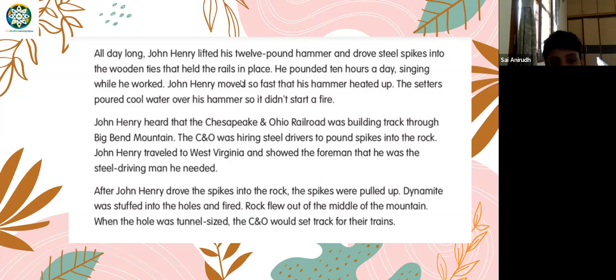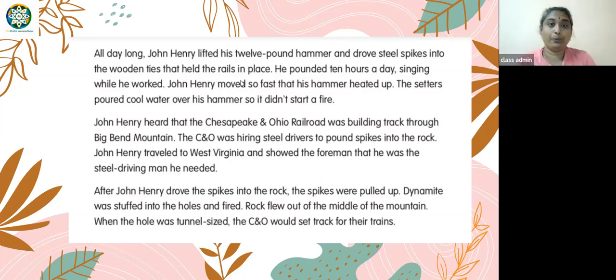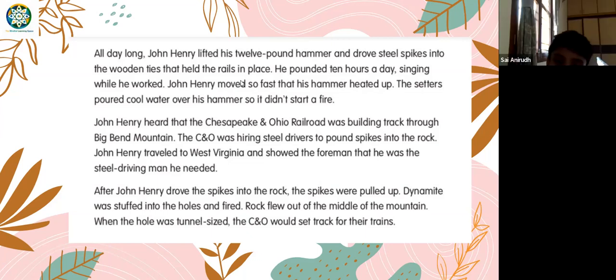After John Henry drove the spikes into the rock, the spikes were pulled out. Dynamite was stuffed into the holes and fired. Rock flew out of the middle of the mountain. When the hole was tunnel sized, the C&O could set up a track.